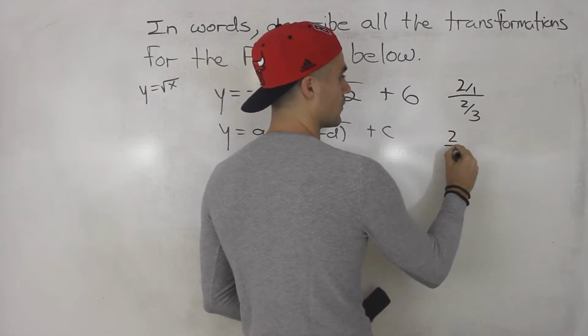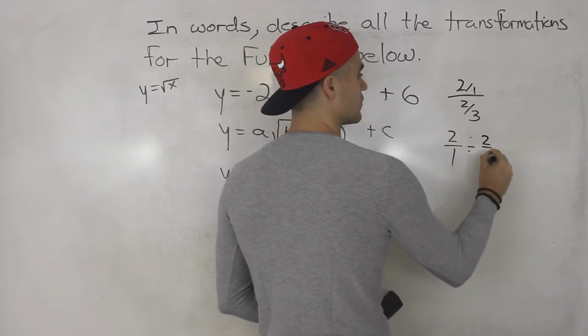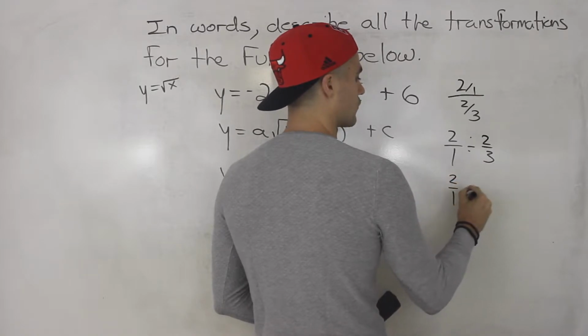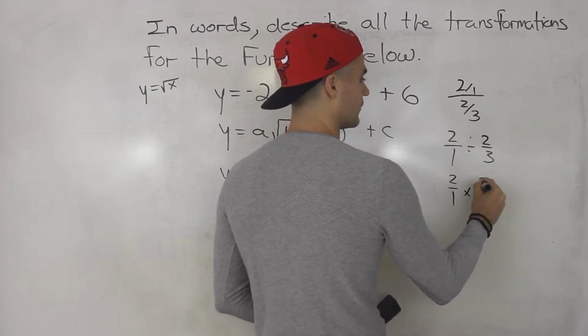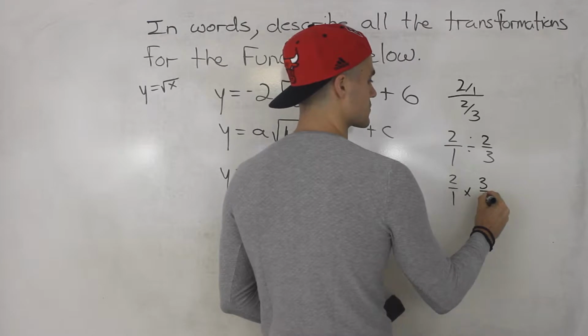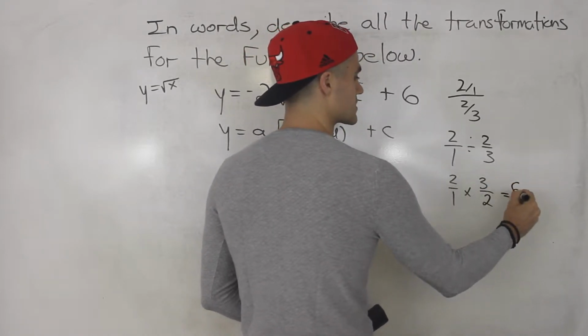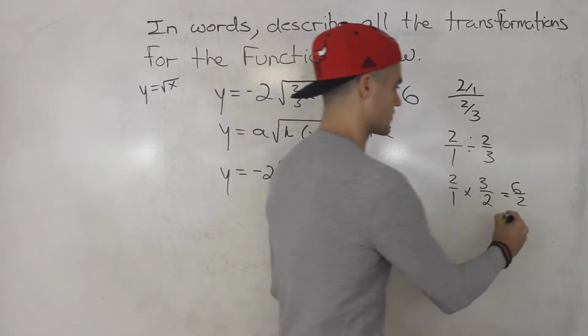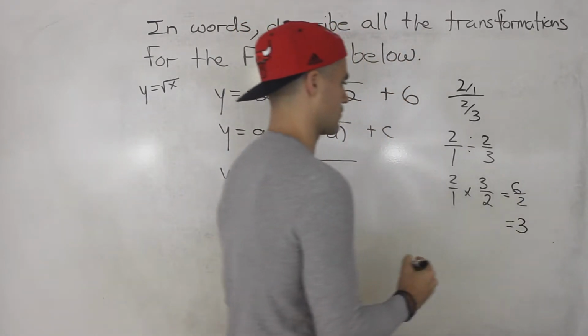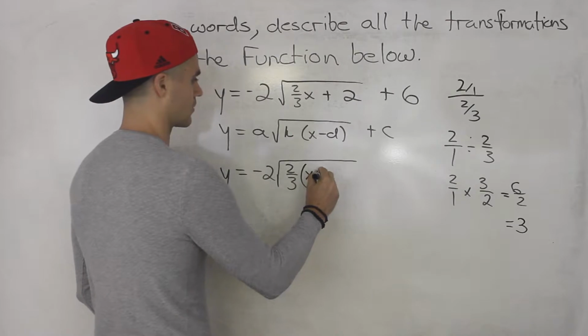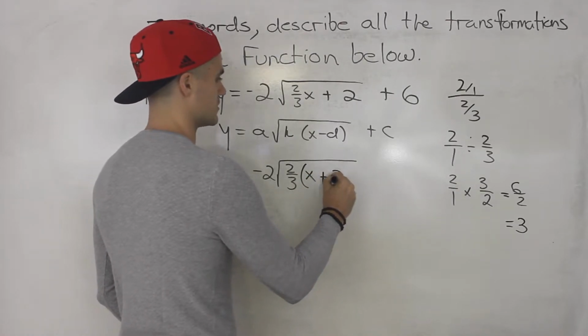So this is like 2 over 1 divided by 2 over 3, which is 2 over 1 times the reciprocal of 2 over 3, which is 3 over 2. So this would end up being 6 over 2, which leaves us with a 3. So over here, we'll be left with x plus 3.